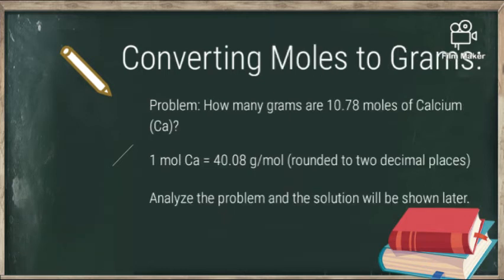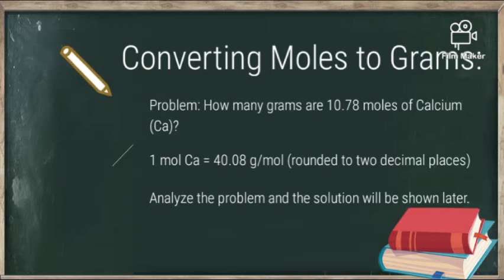Okay, so now let's proceed to the conversion of moles into grams. The problem is, how many grams are 10.78 moles of calcium, abbreviated as Ca? We know that the molar mass of calcium is 40.08 grams per mole.